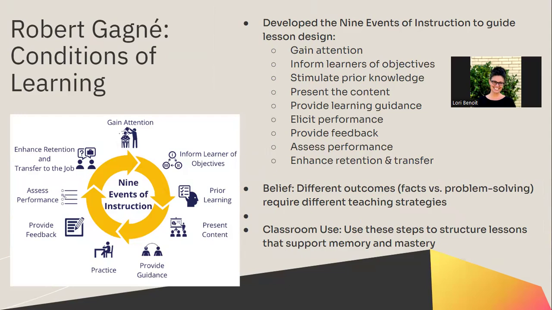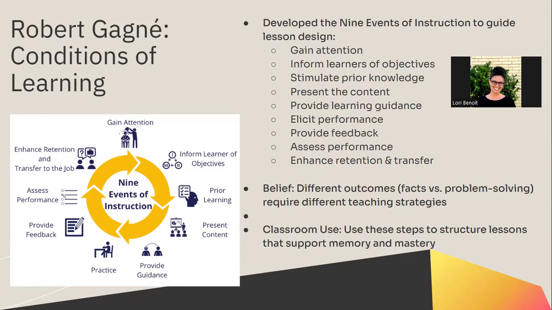Robert Gagné, Conditions of Learning, focused on how teachers can design instruction to help students learn effectively. He developed the 9 events of instruction, a sequence for structuring lessons. These include getting attention, stating objectives, activating prior knowledge, and guiding practice.